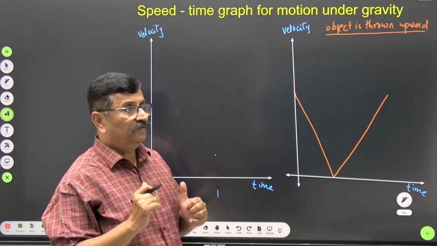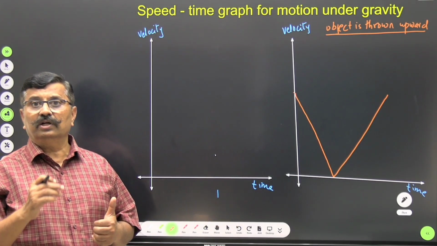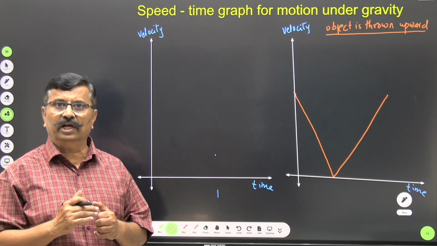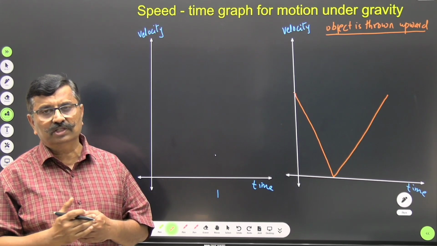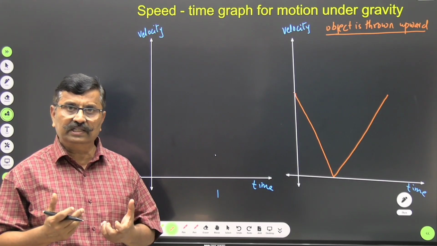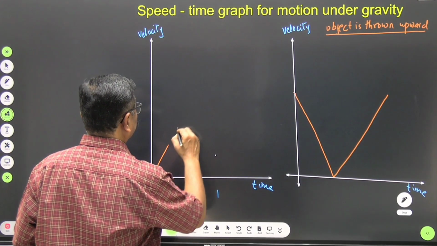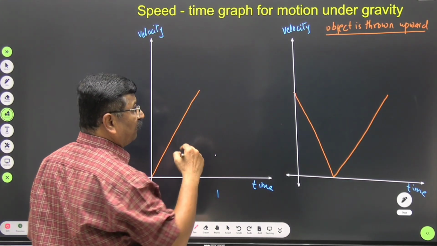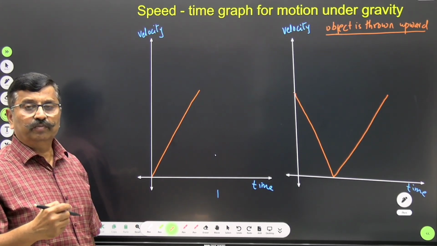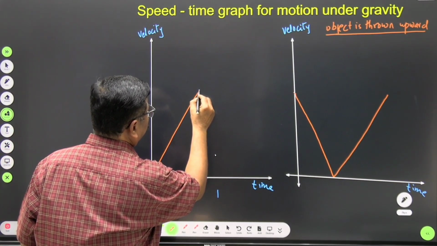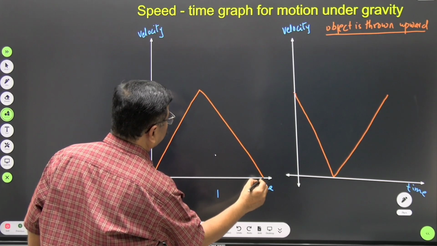But suppose the body is being released from certain height. When the body is released from certain height, the body is coming towards the earth's surface, and the velocity increases. After it reaches the ground, it bounces back and starts going against gravity, so velocity decreases.